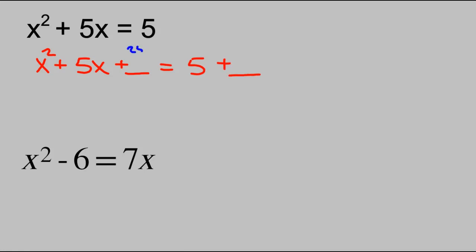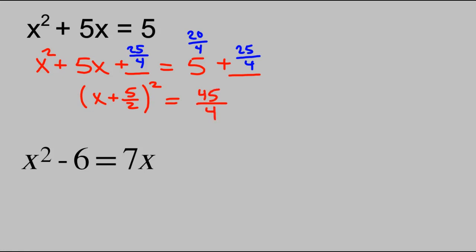So I go ahead and add 25 fourths to the right side and left side. And what happens now is I get x plus 5 halves squared over here. And over here, technically 5 is also the same as 20 fourths, so that ends up being 45 fourths.